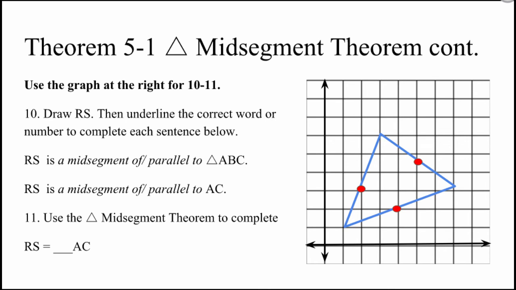So, this one is basically just to show you everything. It says to draw RS, and RS is right here. Okay, now. Can you repeat the question? Okay. RS is a midsegment of or parallel to triangle ABC.